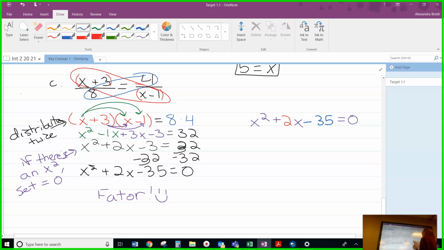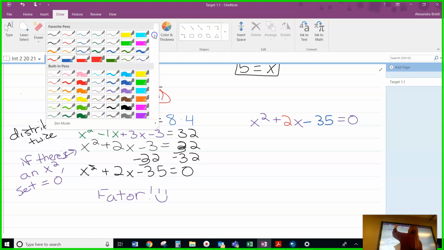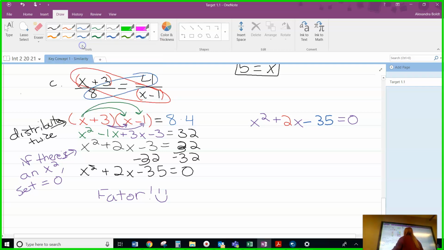Well, remember, we want to multiply to this last number. So we want to multiply to negative 35. And we want to add to that middle number.